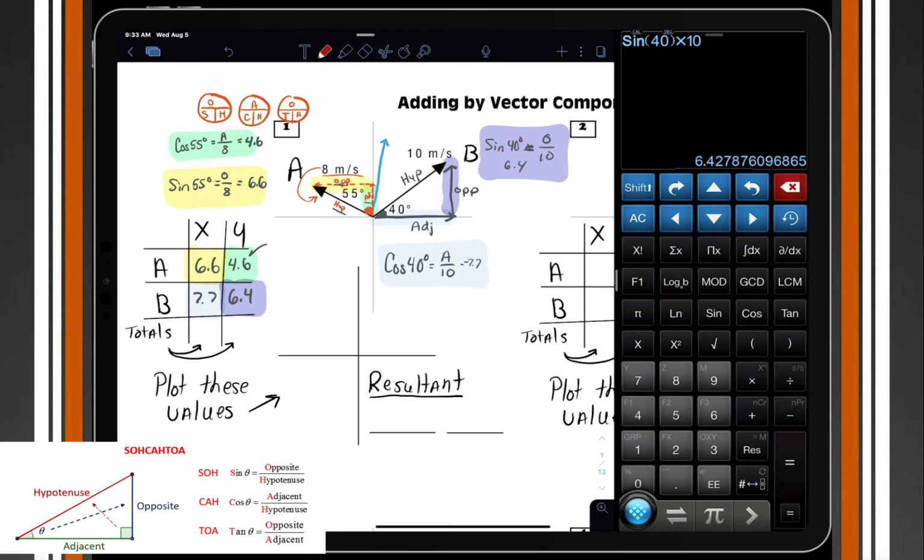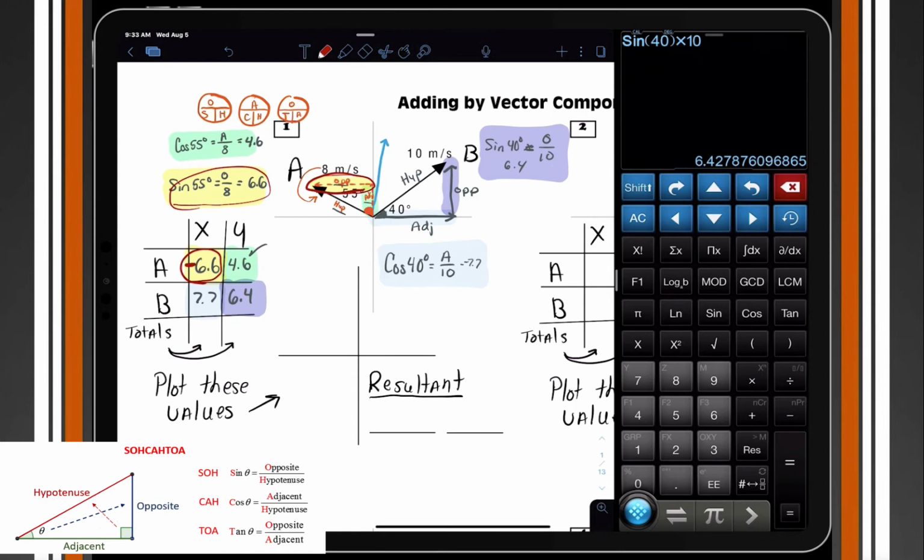The next one that we can check out, let's check out this yellow here. The yellow value matches up to 6.6, and the yellow is on the x-axis, but what do we notice? We notice that it's pointing to the left. So what should your value be? Should it be positive? No, that should be a negative right here.